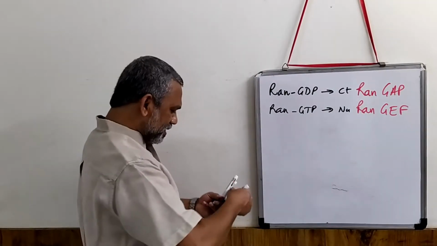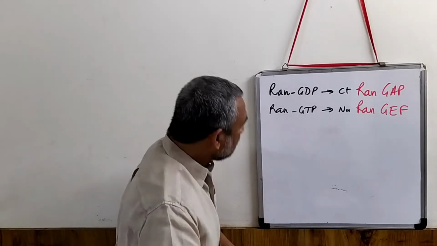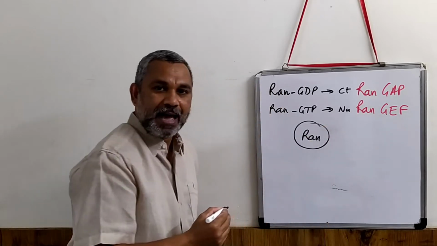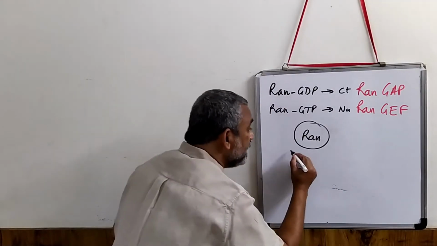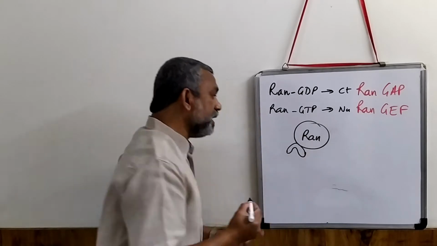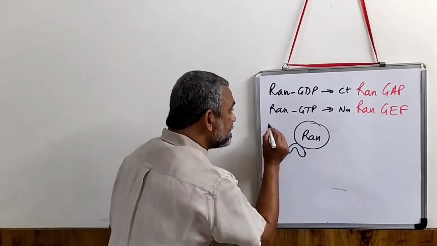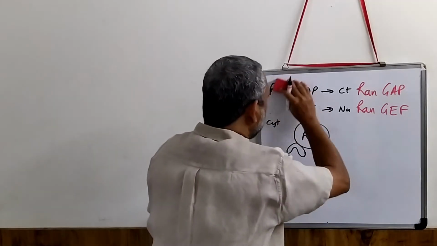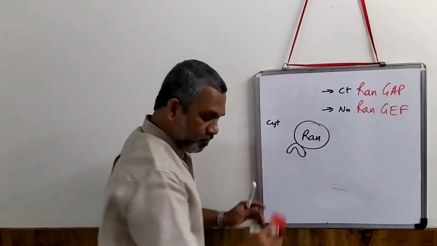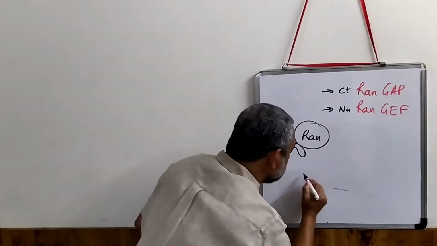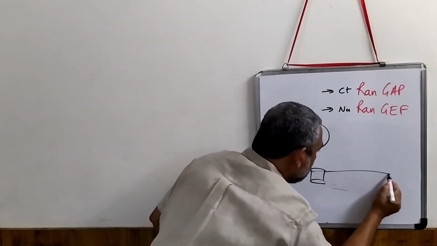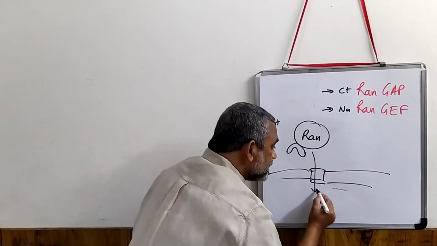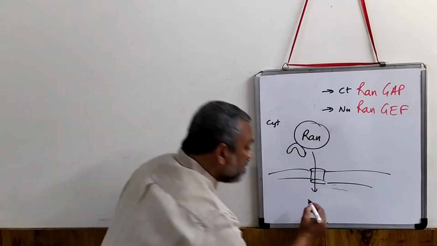Now let us begin with this molecule. This is a Ran, and Ran is bound to a GDP molecule. We will represent a GDP like this, and this is in the cytoplasm. Now, if you consider this is the nucleopore, what happens is the Ran-GDP will come inside.